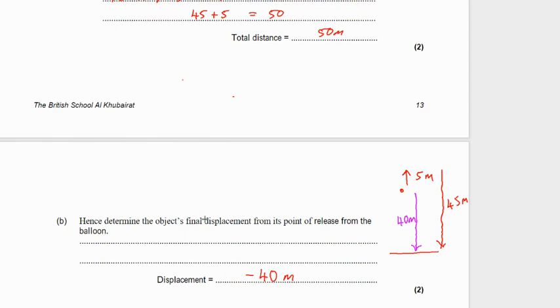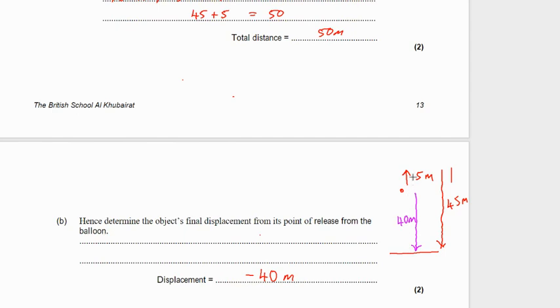Okay, now what is the displacement? Displacement is the distance from the point of release, the starting point, to the ground. So this is the starting point. That distance there is 5 meters. So we know that from the starting point to the ground, it's 40 meters.